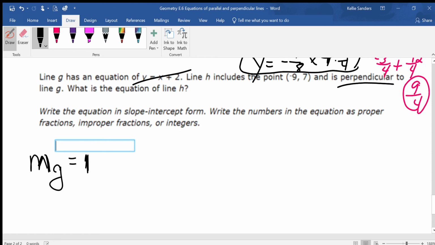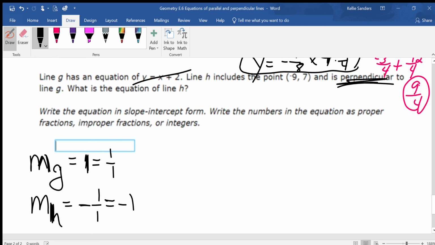We're perpendicular to G though. Now think about it. 1 is the same thing as 1 over 1, right? I'm writing that down because for perpendicular you always have to flip. So the slope of H, if G is positive, then H is negative. But what would we get if we flipped 1 over 1? 1 over 1.